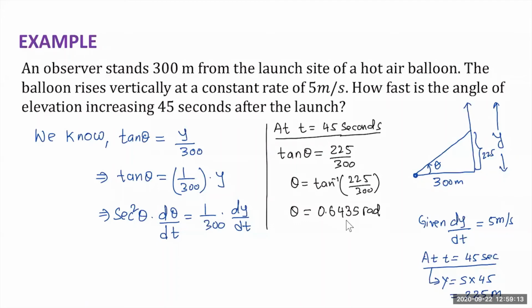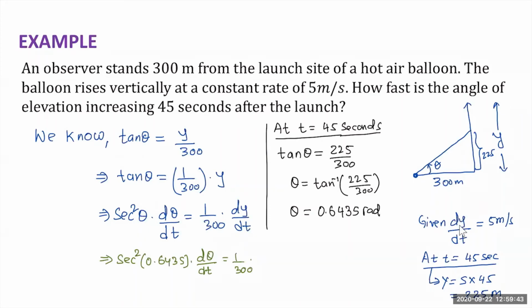Now, once we have this angle, let's plug it in here. That will be secant squared of 0.6435 times d theta over dt, which is the rate at which the angle is changing, equal to 1 over 300 multiplied by dy over dt, the rate at which the height is changing.